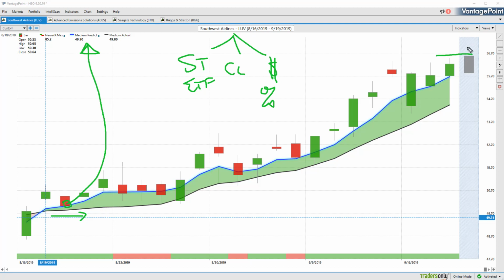All that information is used to generate future prices that are incorporated into the value of this moving average, turning it from a lagging indicator into a forward-looking predicted moving average.